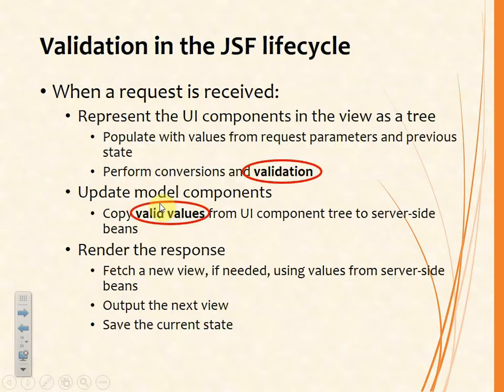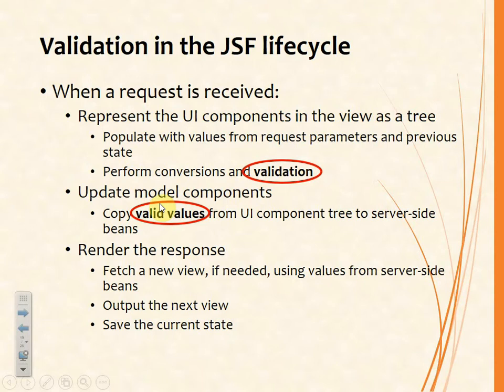And in the JSF lifecycle, there is a validation stage, which is this one. So here's the lifecycle as we've been looking at it up until now, with the insertion of these 2 things that have been circled. When the component tree is populated, those values are then converted and validated.